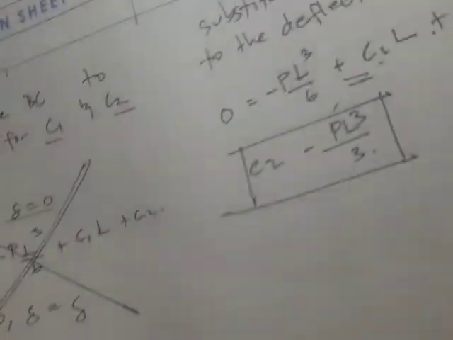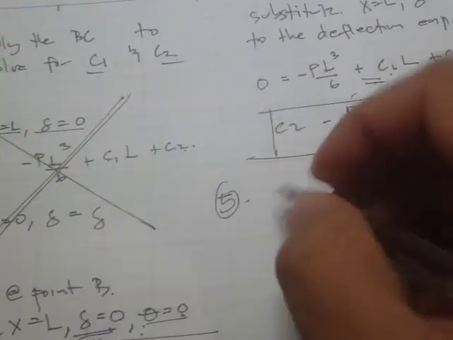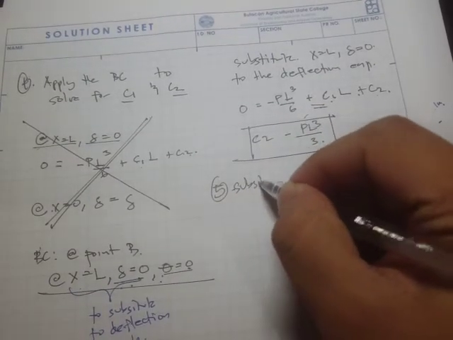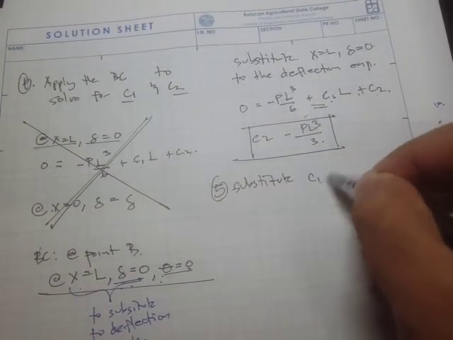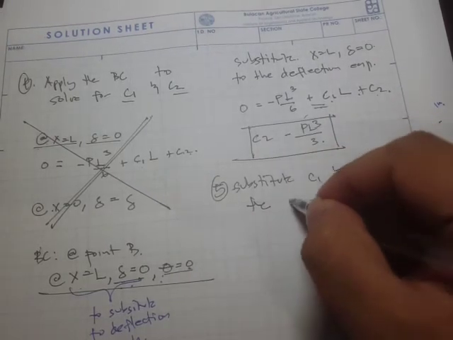The next, step 5, is to substitute C1 and C2 into the deflection equation.